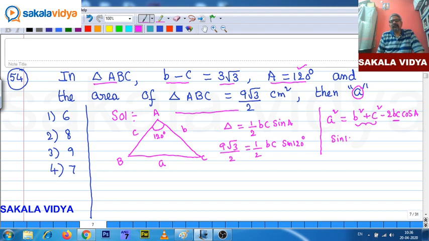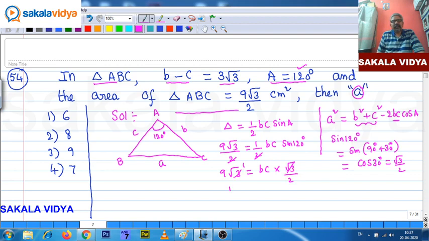Sine 120 equals sine 90 plus 30. Sine of 90 plus theta is cos theta. So that is cos 30. Cos 30 degrees is equal to root 3 by 2. Please remember. Now this 2 gets cancelled. We have 9 root 3 equals bc multiplied by root 3 by 2. Again root 3 gets cancelled. We have bc equal to 18.